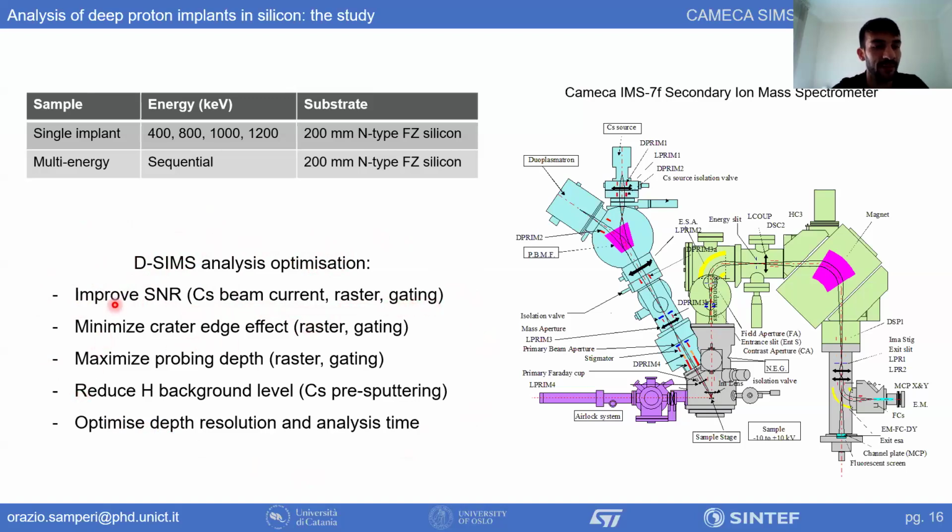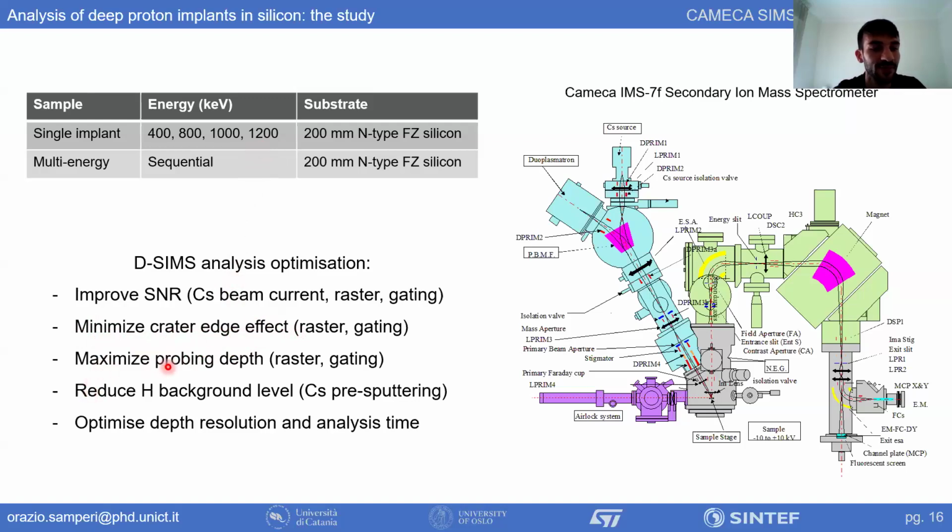Second, in parallel, I tried to minimize the crater edge effect, because when you analyze a really high energy implant, you analyze depths of 10 or 20 microns, and then it's quite easy to see this crater edge effect.